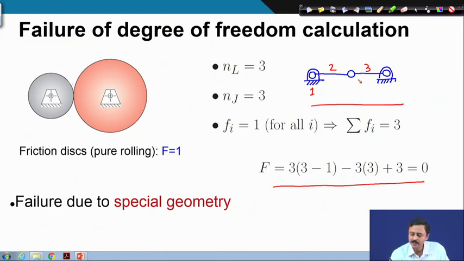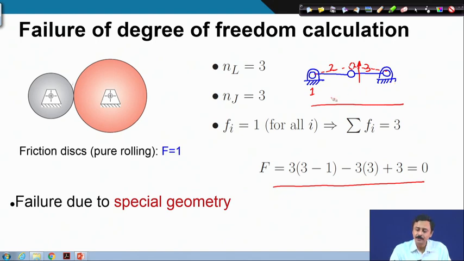Why? Because any small motion, any small tendency of motion is going to change the distance between these two ground hinges. These bodies must extend to accommodate any motion, therefore, motion is not possible.